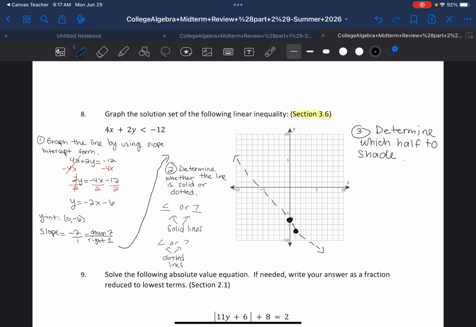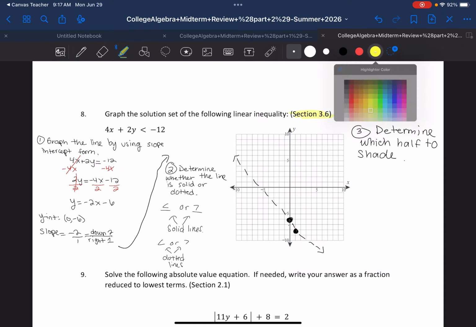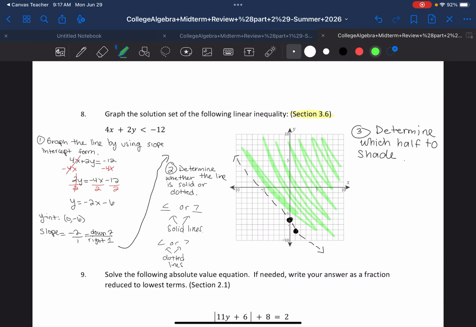To do that, we're going to pick a test point on one side. So again, the side is either going to be this side of the line, this whole side that we will shade, or it'll be this side, because we're trying to shade which points make this inequality true.